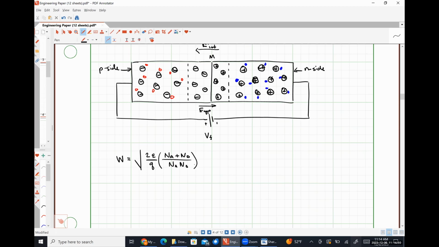So everything is the same up to this point, multiplied by V naught minus V_F. So the width of our depletion region is going to get smaller under forward bias conditions.